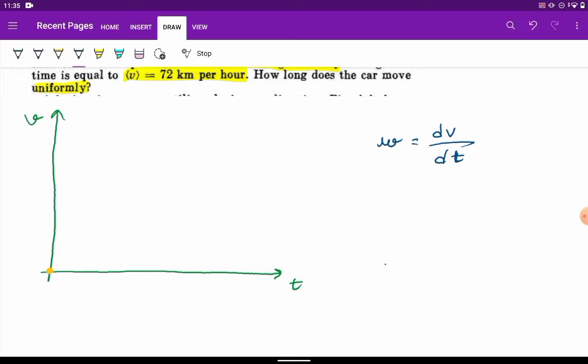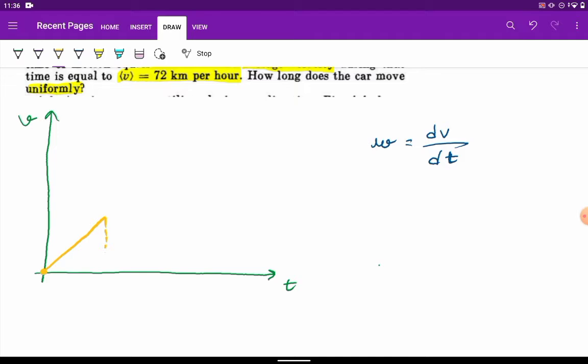If w is a constant initially, this means dv by dt is a constant, which means the curve of v versus t is a straight line, and since w is positive initially, it will be a straight line with a positive slope, so it will go something like this.